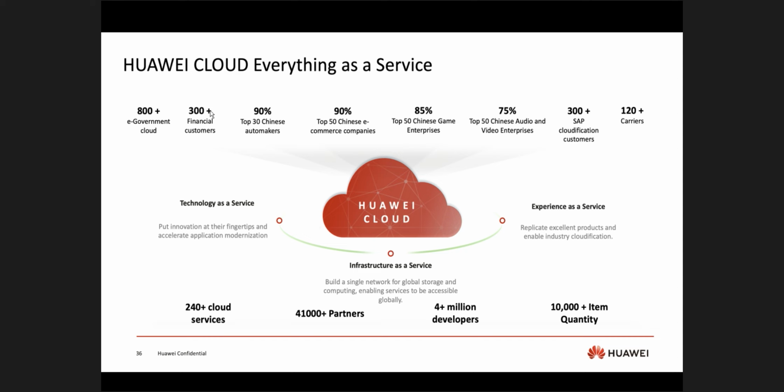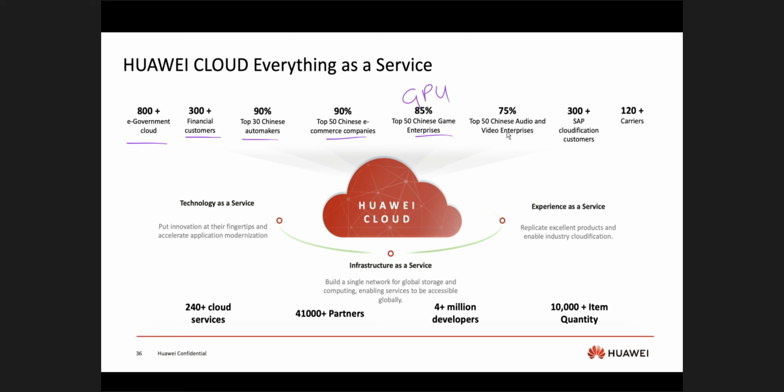And so we have many other companies that use these services. You have the government, financial customers, car manufacturers, e-commerce companies, gaming people. If people want to borrow GPUs from the cloud, they would run their games and store everything in the cloud, and the clients would just connect to that.